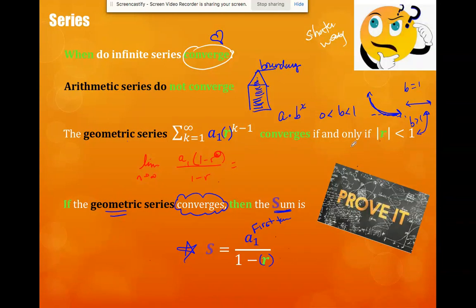So what's happening if r is less than 1? For example, if my r is a half, and you keep raising it, 1/2 squared, 1/2 cubed, 1/2 to the fourth. As n gets larger and larger, this value gets smaller and smaller, approaching 0. So this is a sub 1 times 1, which is just a sub 1 over 1 minus r. Kind of cool.